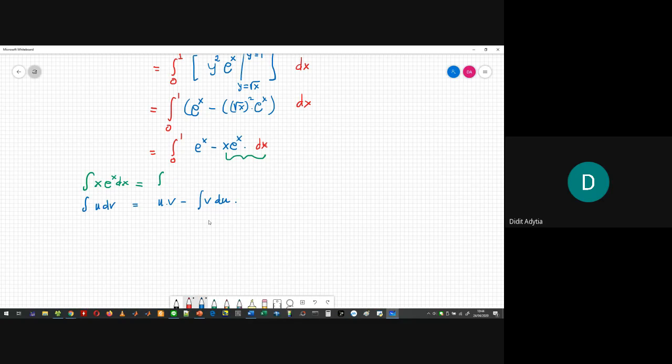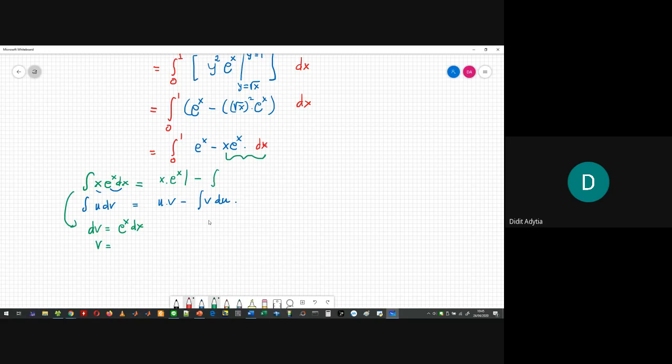We use the green one. I will use green. Okay? u times v. This one I erase it. x dikali dengan e^x at boundary minus v-nya yang mana? Ingat, dv itu adalah e^x dx.